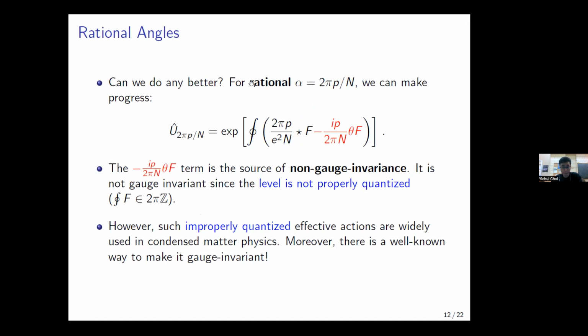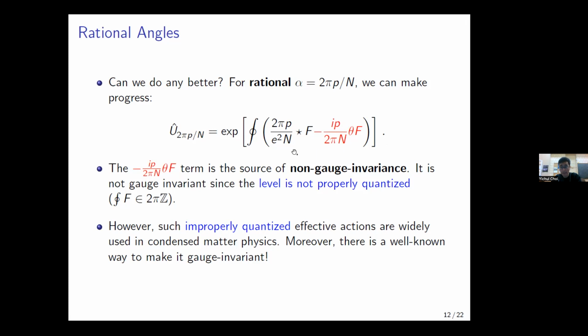This is actually possible. For that, let me first restrict my group parameter to be some rational angle, and take my U(1) group parameter alpha to be 2 pi times some rational number, p over n. Here p and n are some coprime integers. So this U-hat operator at this value of alpha looks like this.